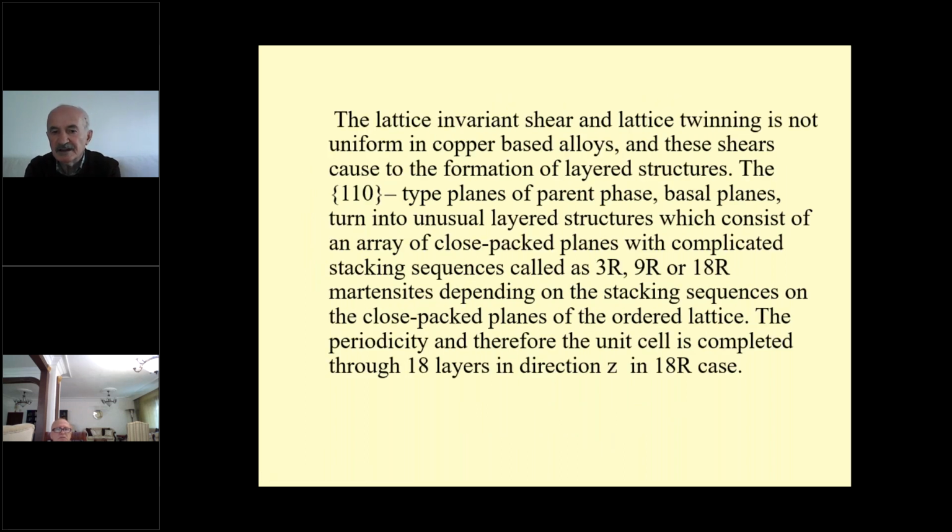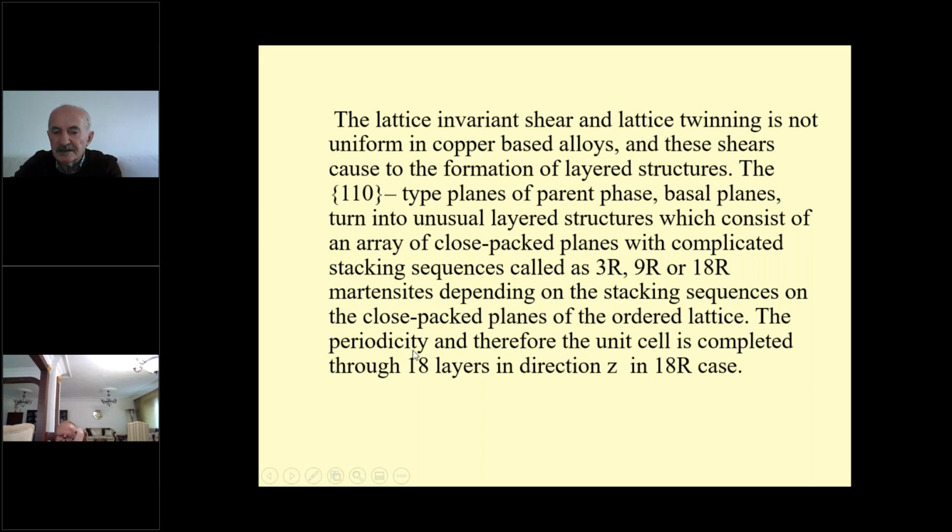Lattice invariant shear and lattice twinning are not uniform in copper-based shape memory alloys, and shears cause the formation of layered structures on the 110 type planes of the parent phase. The basal plane turns into unusual layered structures, a complicated array of close-packed planes with complicated stacking sequences, called 3R, 9R, or 18R martensite, depending on the stacking sequences on the close-packed planes of the ordered lattice.